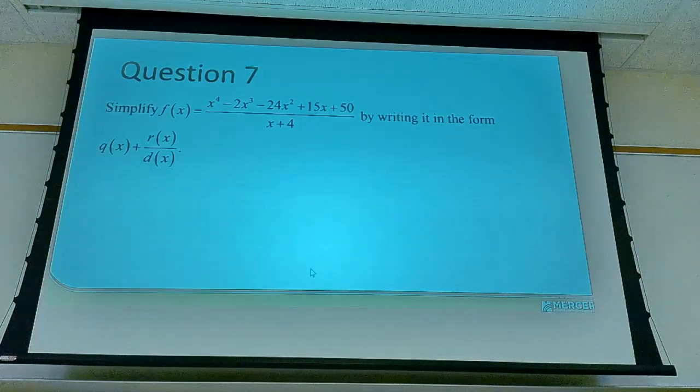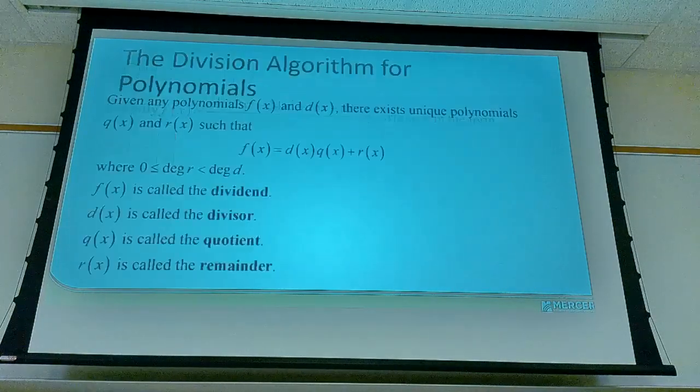Here they want us to simplify. If we go back to the division algorithm, f of x is d of x times q of x plus r of x.